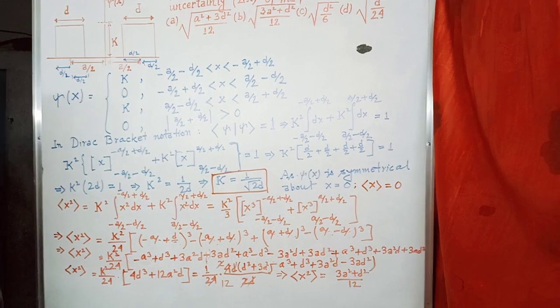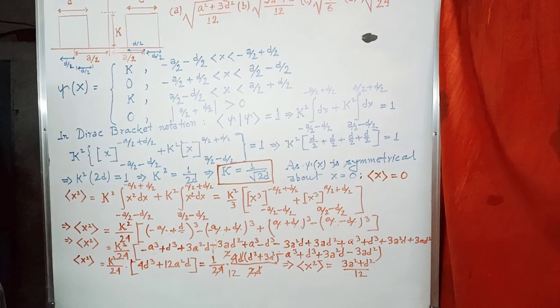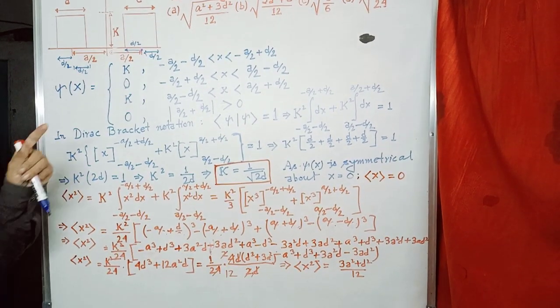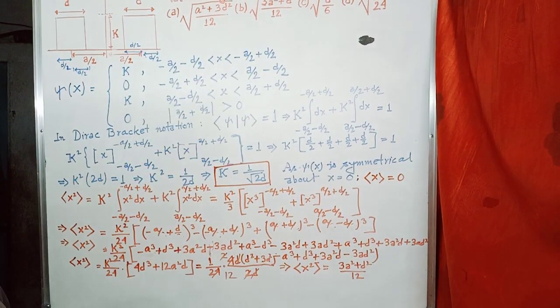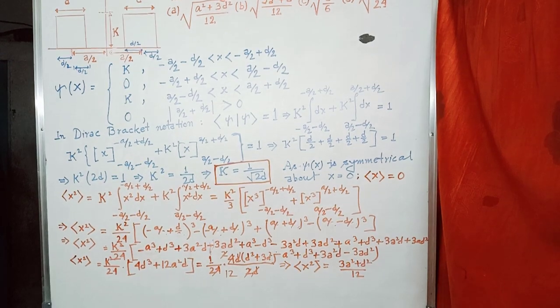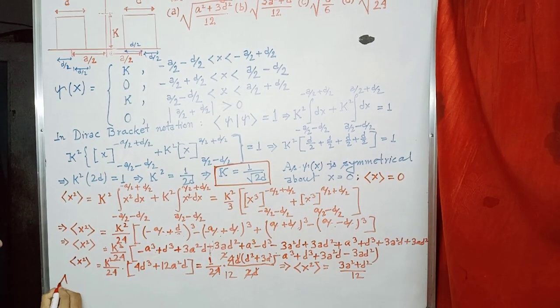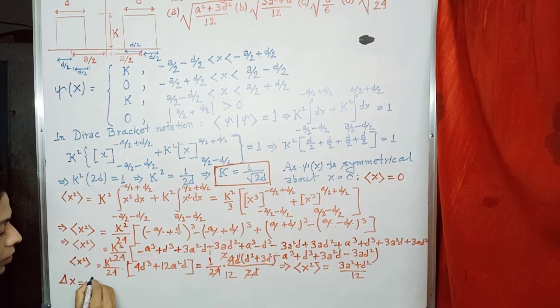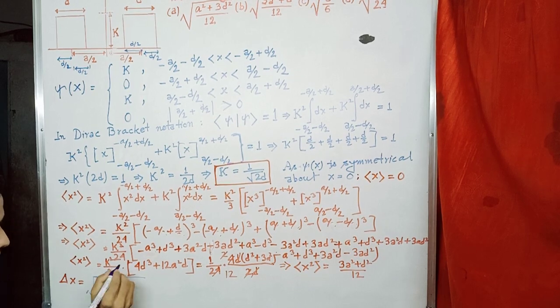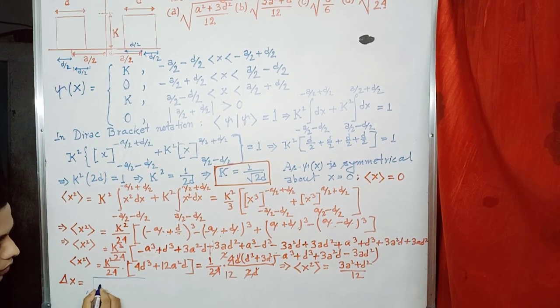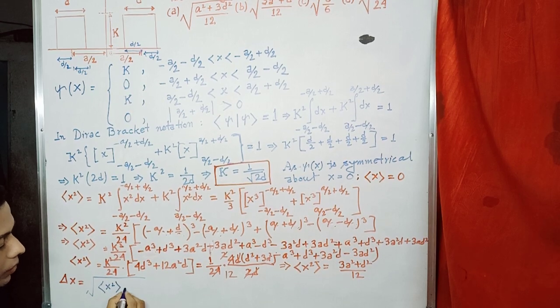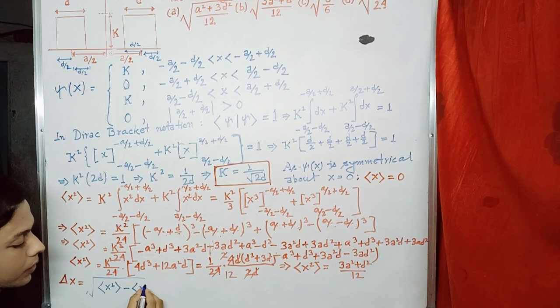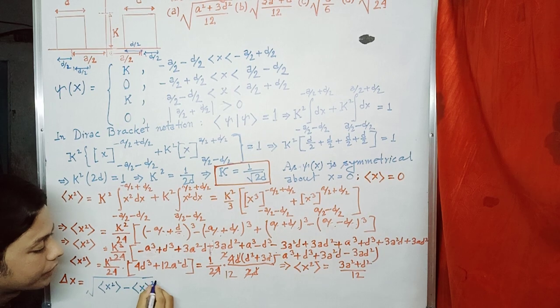Again we have to calculate the position uncertainty del x. For finding the position uncertainty, del x will be equal to under root mean value of x square minus mean value of x whole square.